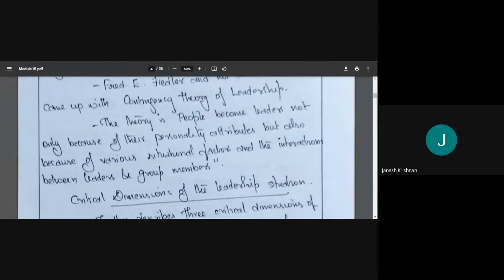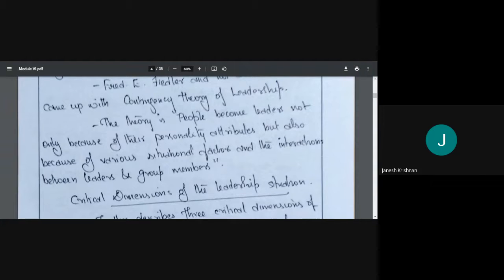So what I understand is that personality attributes are important and have to be considered also. The trait approach is important. But people become leaders not only because of personality attributes, but also because of various situation factors and the interaction between leaders and group members.